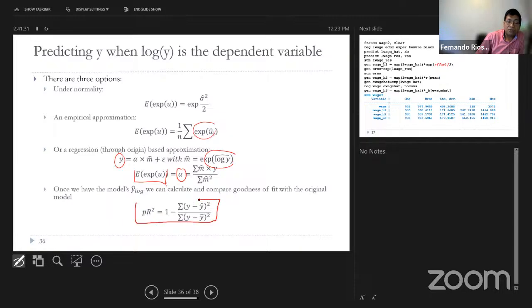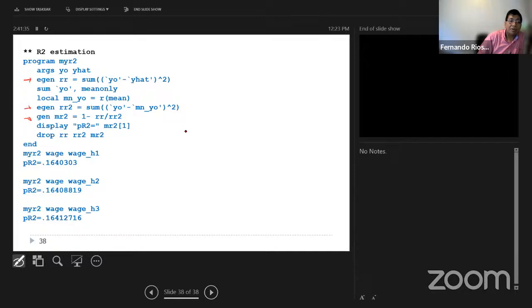All of that is to replicate this little statistic that you have here. And from my three alternatives, it seems that the one that fits better the data, or that provides you the highest pseudo R-square, is the last one, but the difference between all of them is just marginal.